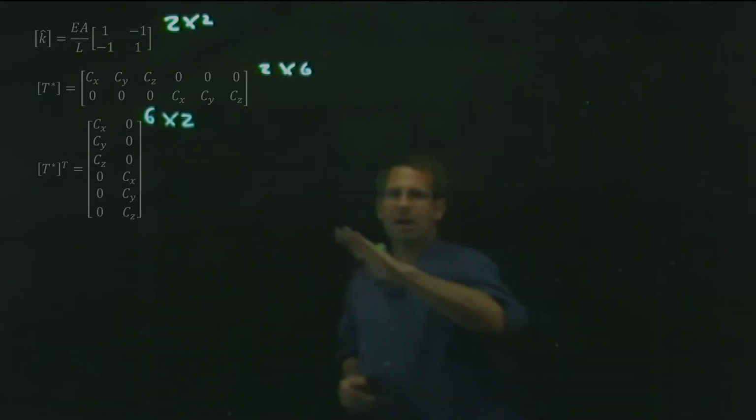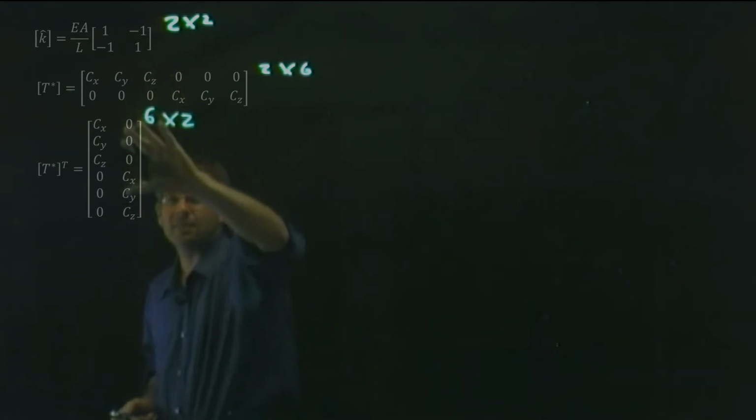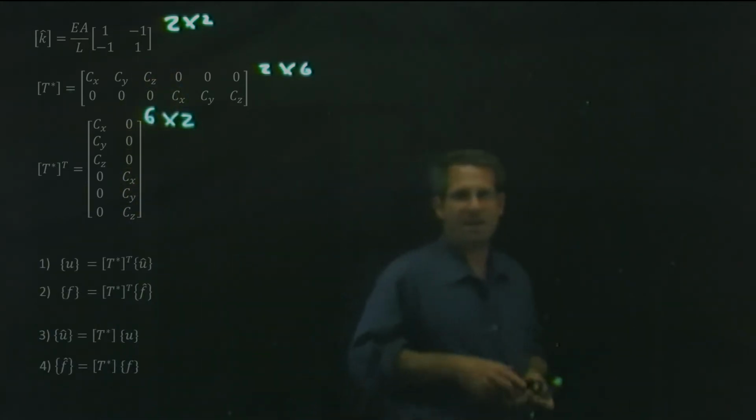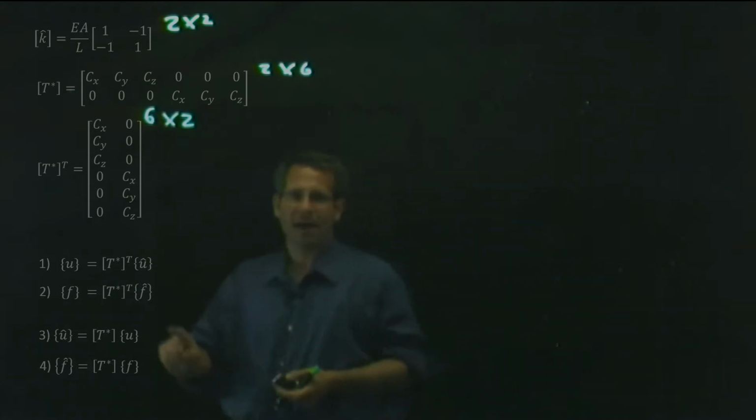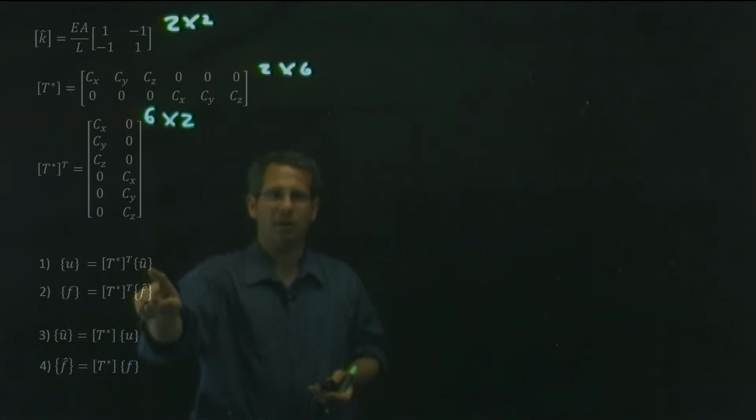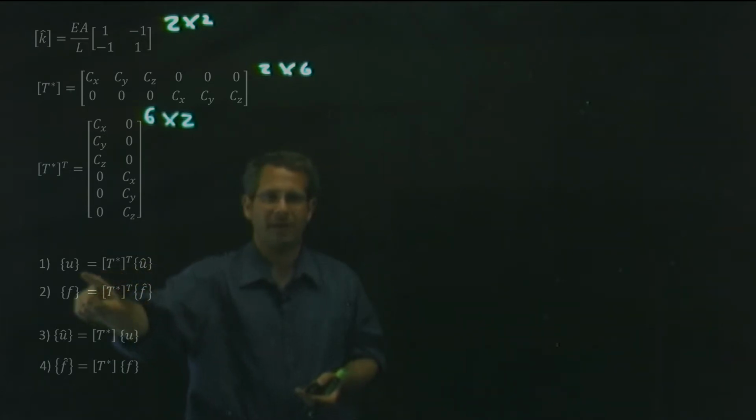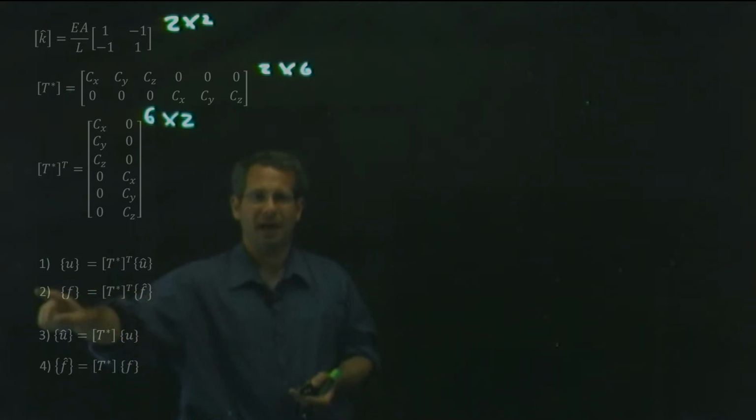All right, now, to make clear what these matrices do, I can define these four equations. If I multiply the local displacement vector by the transform of the transform matrix, I get the displacement vector in the global coordinate system. Likewise, if I have the force vector in the local coordinate system multiplied by the transform of the transform matrix, I get the force vector in the global coordinate system.